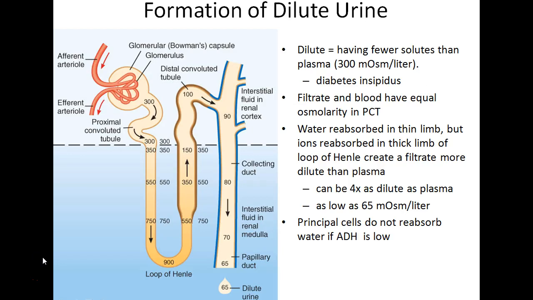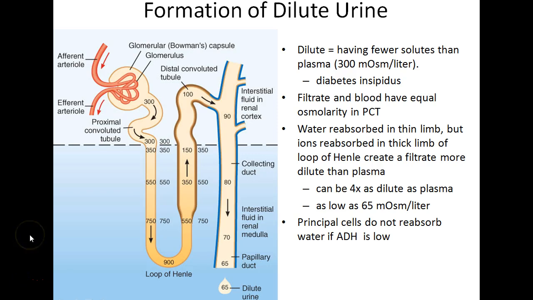Let's look at how dilute urine is formed now. When we say dilute, we're talking about having fewer solutes than plasma. That means about 300 osmolarity. Filtrate and blood should have equal osmolarity in the proximal convoluted tubule.